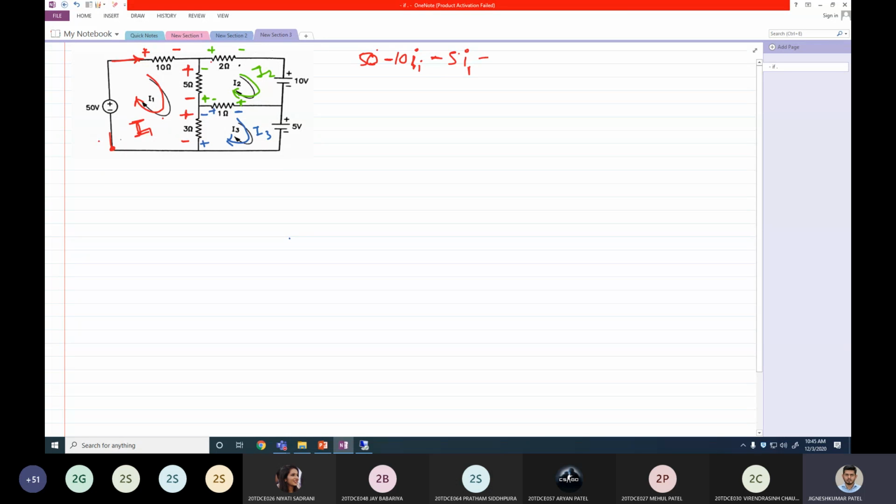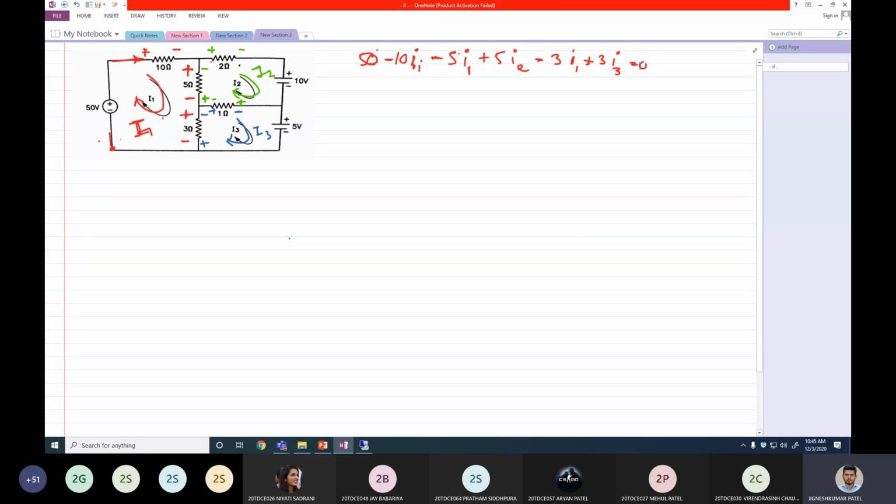Okay, moving ahead with the 3 ohm resistor, I'll get minus 3I1 plus 3I3 is equal to 0. So this is my first equation.